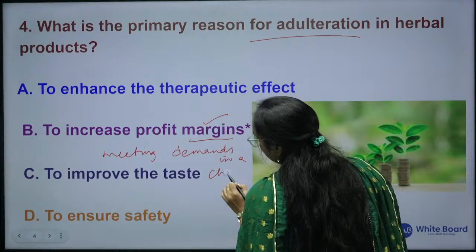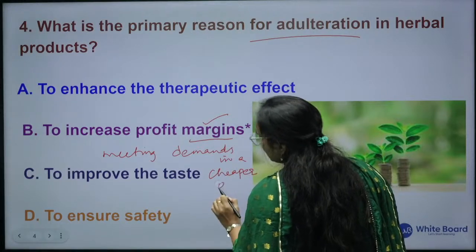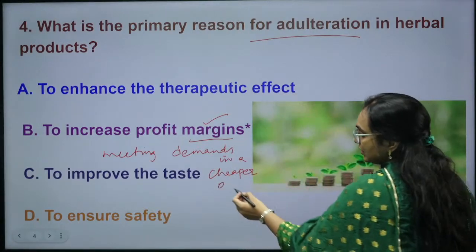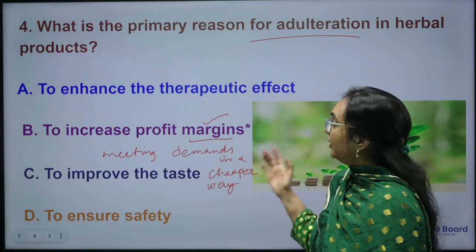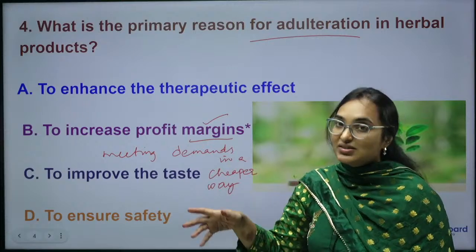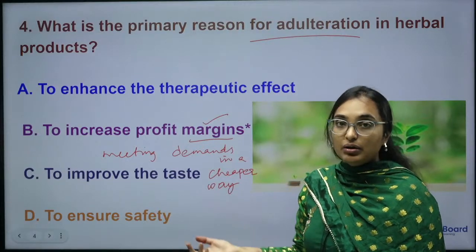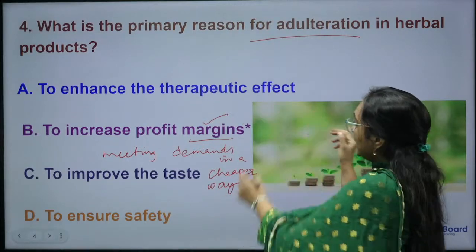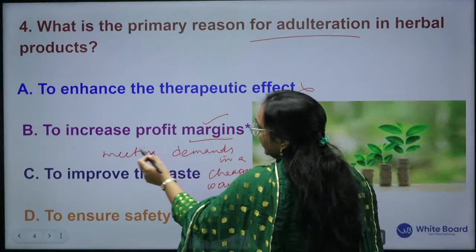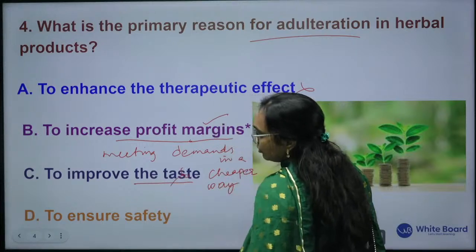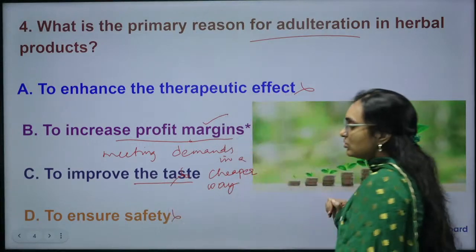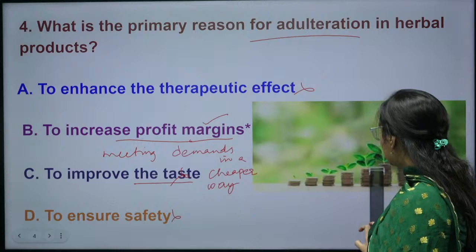When the availability of the original herbal product is very low and it is very costly, the original herbal product is adulterated with cheaper products. So enhancing the therapeutic effect is not correct, increasing the profit margins is correct, improving the taste is not correct, and ensuring safety is also not correct. So the option is C.